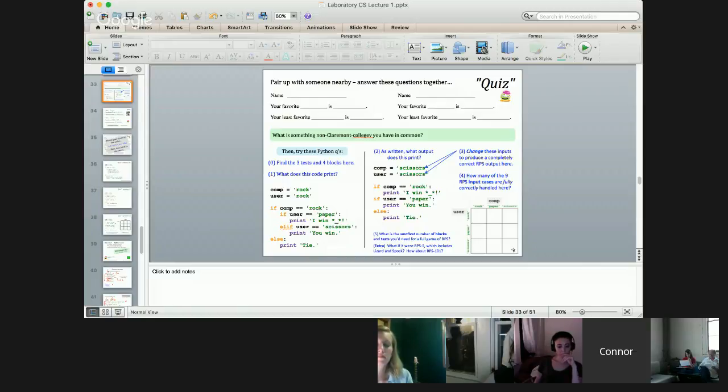Yeah, and then the question: what's the smallest number of blocks of tests you need to complete a full game of rock paper scissors?